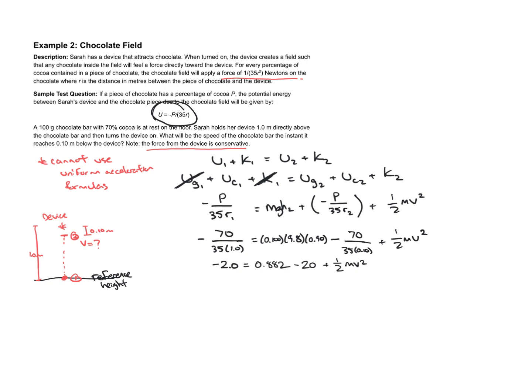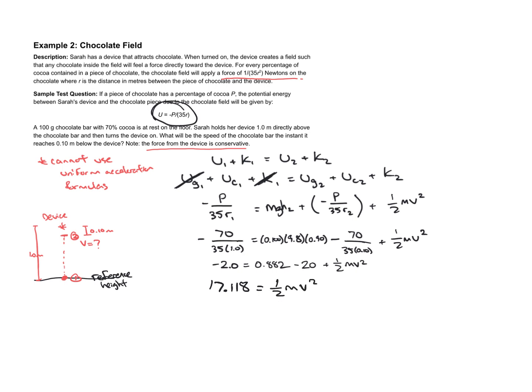So negative 2, minus 0.882, and then plus 20, giving me 17.118 joules. That's going to be how much kinetic energy this chocolate bar has, which equals half mv squared.